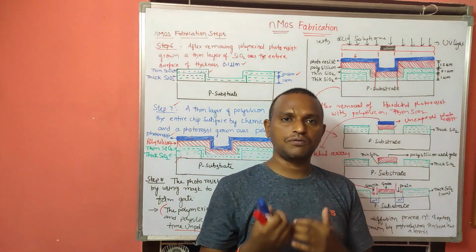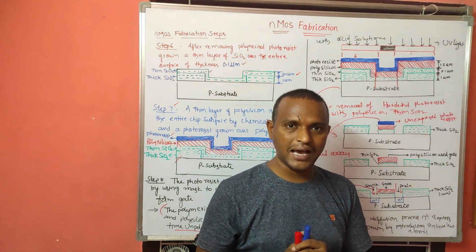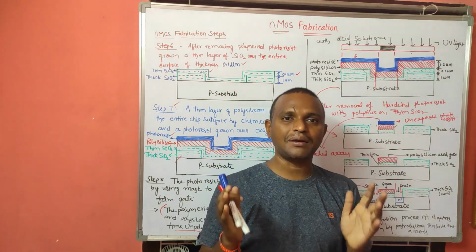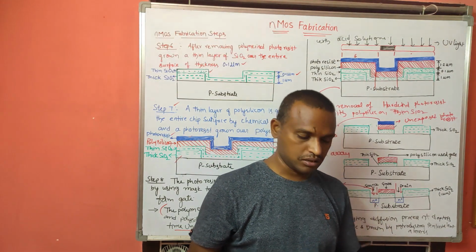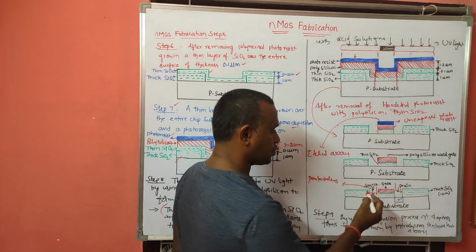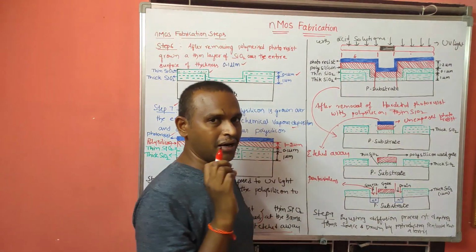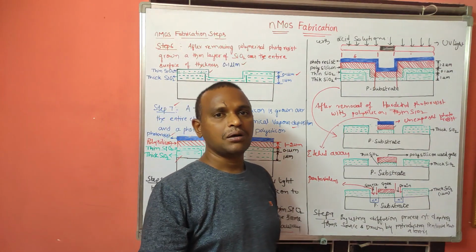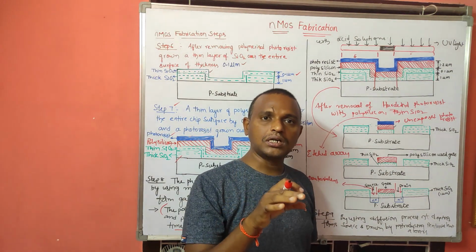That's why this is called self-alignment mask. Here the polysilicon and SiO2 are protecting the surface from the dopants.